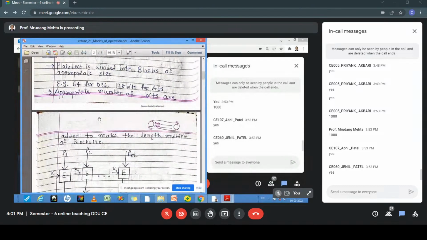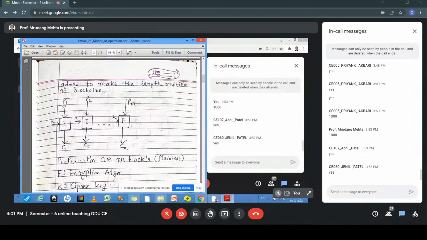In this, plain text is divided into blocks of appropriate size. You can see in this diagram the plain text and the encryption block, which is this box. We create blocks of plain text which can be applied to this encryption algorithm.